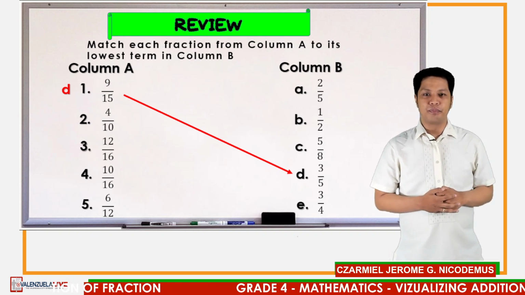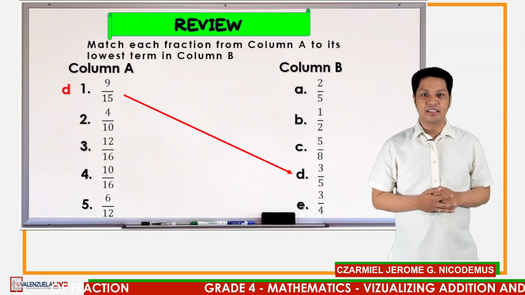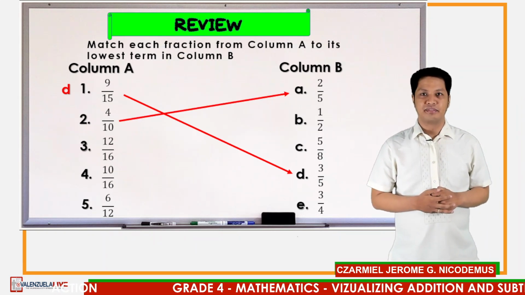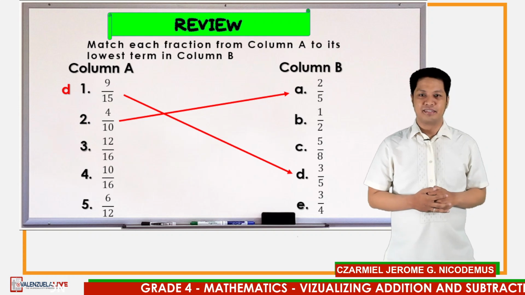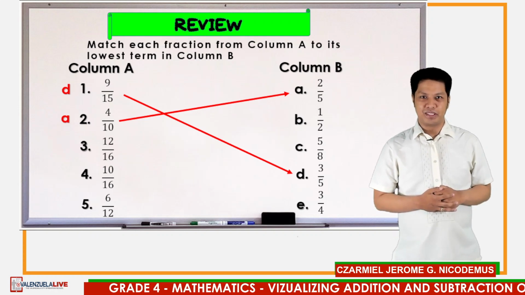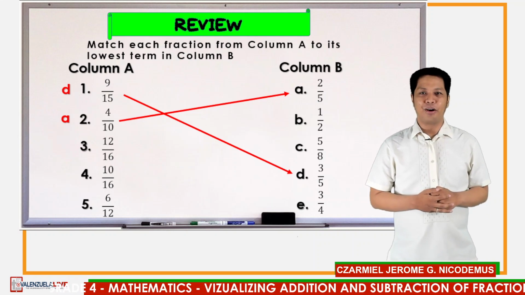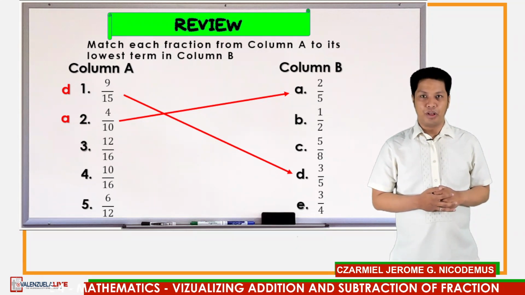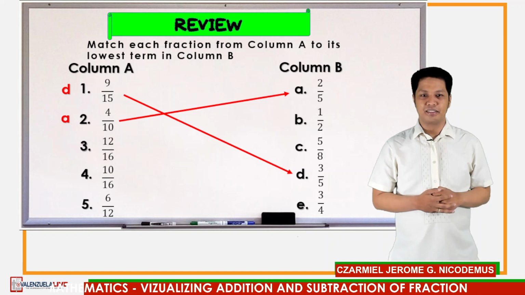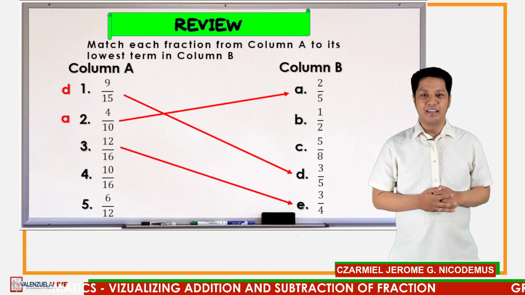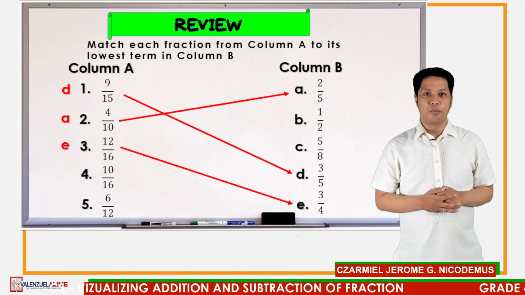The lowest term of 4/10 is letter A, 2/5. The lowest term of 12/16 is letter E, 3/4.